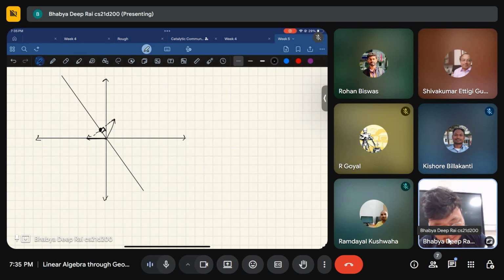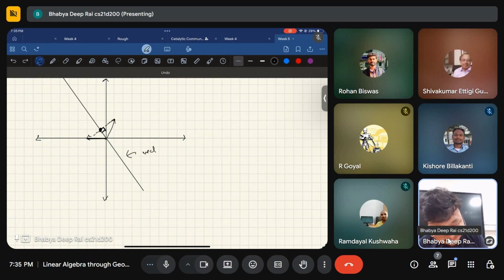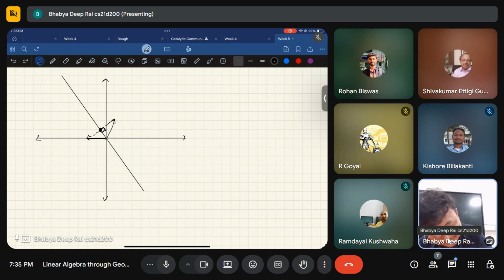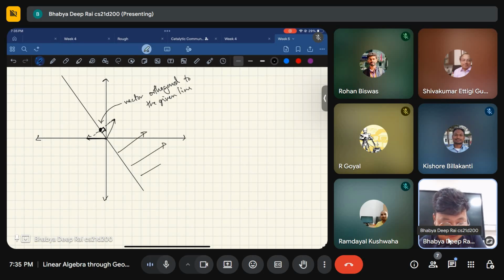So what you are looking at is a vector orthogonal to the given line, but it can't be an arbitrary vector orthogonal to the line. That's what we call an orthogonal projection.